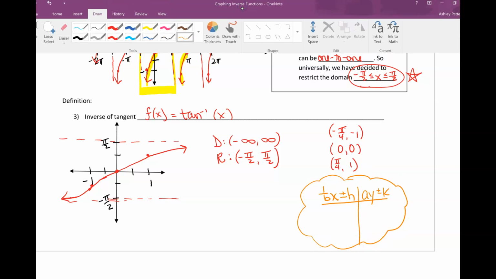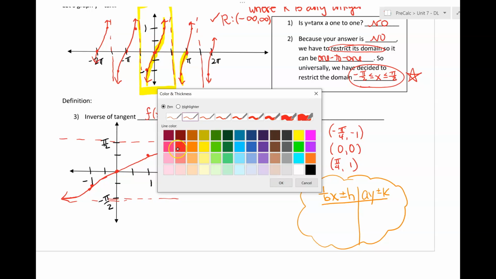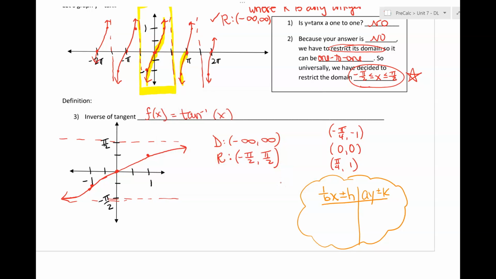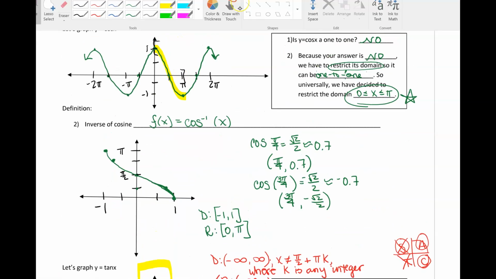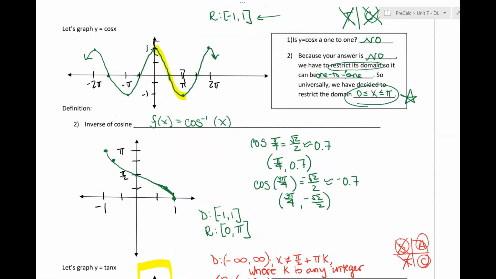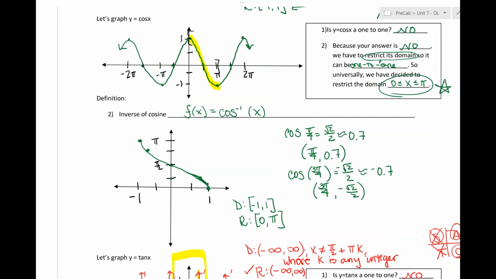So if you want specific points, because we've done that in the past, for the inverse tangent, the points that I would suggest that you use are negative 1, negative pi over 4, 0, 0, and then 1, pi over 4. If you want specific points for cosine, my recommendation would be, let's do it over here.